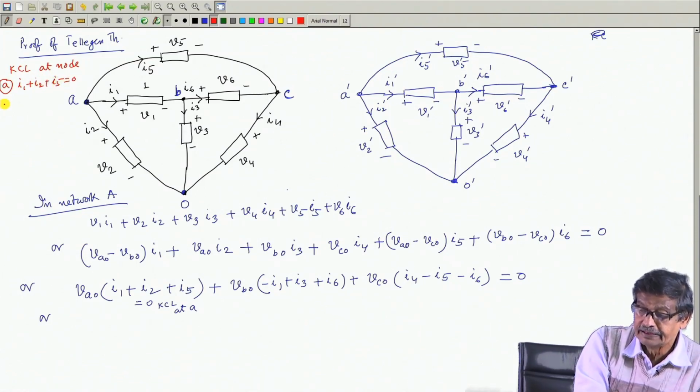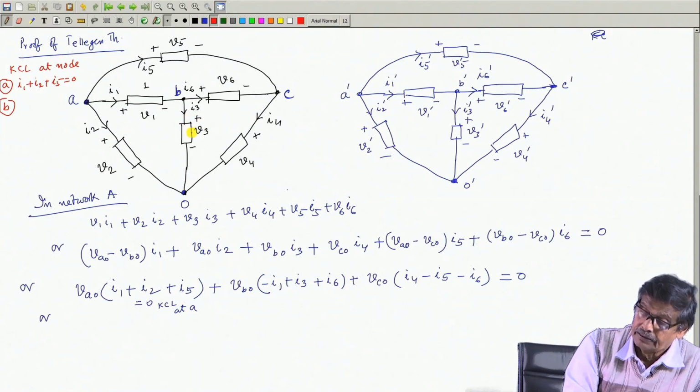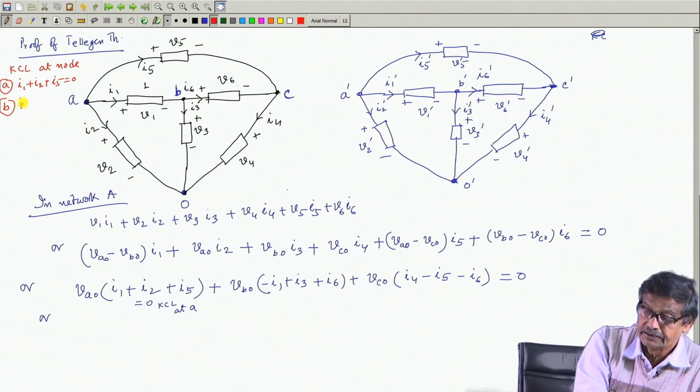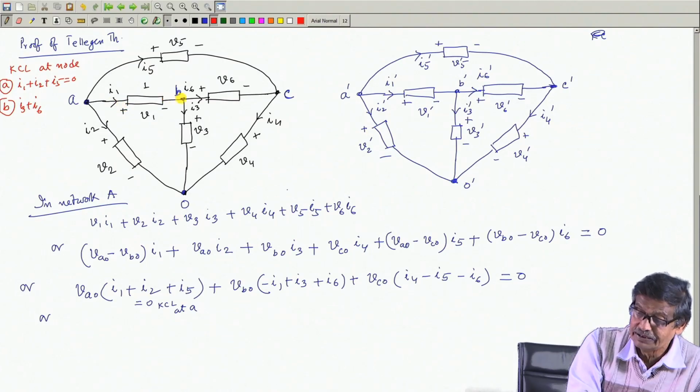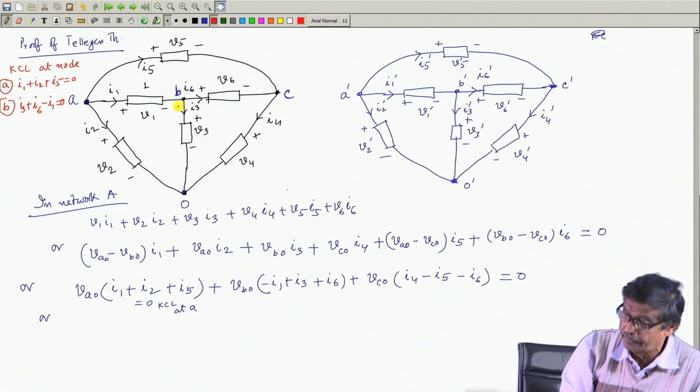KCL at node B, what is there? At node B, I 3 plus I 6 going out, and I 1 is coming in. So, minus I 1, this must be 0, that is I 3 plus I 6 is I 1.